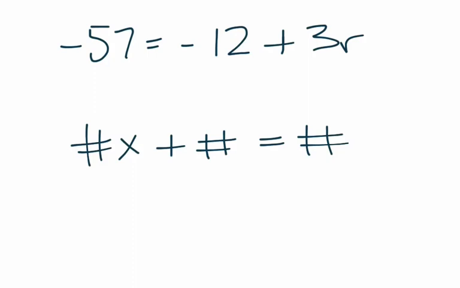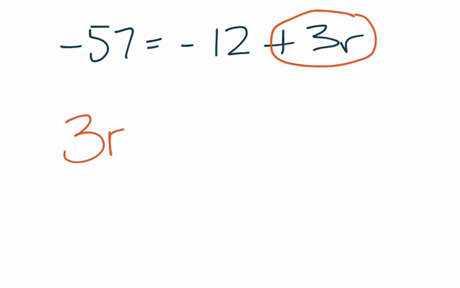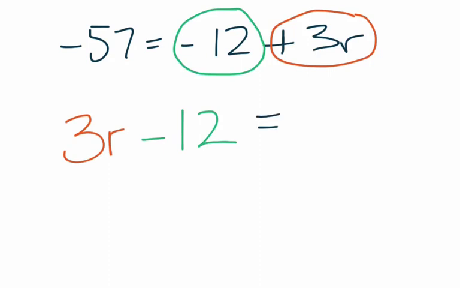It's completely backwards. So what we really should do is rewrite it. Notice that this is a positive 3r, so we're going to keep that positive 3r. Then we have a negative 12, so we're going to keep that negative 12. Equals, and then we have a negative 57.